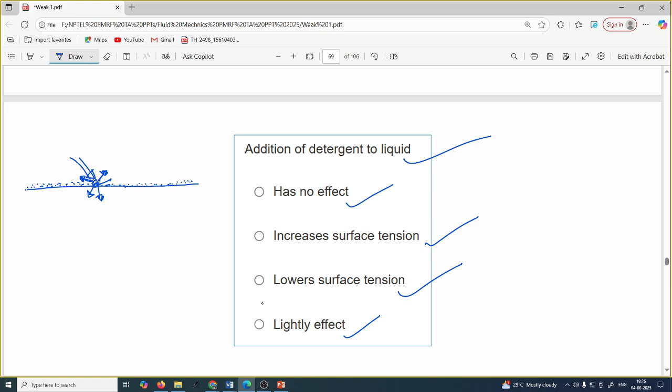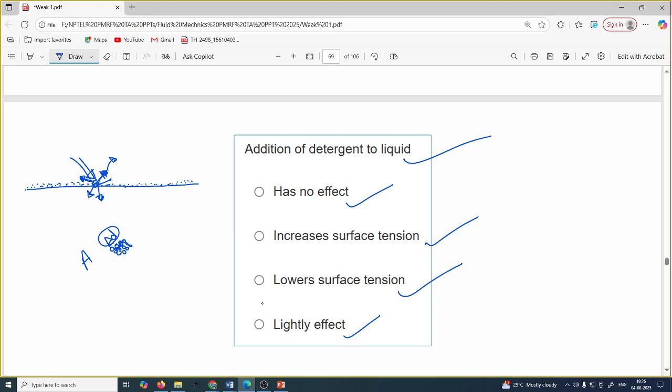As you put the detergent, the water particles try to move away. The water particles are joined with each other by cohesion force.